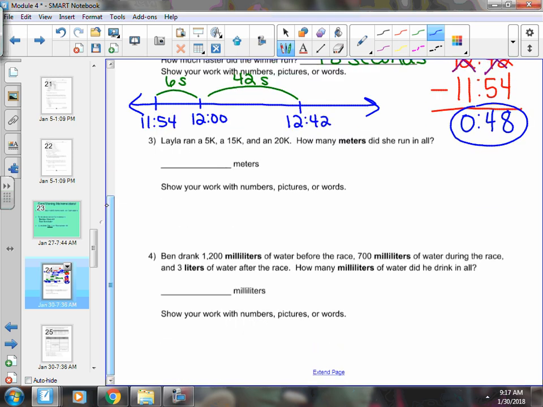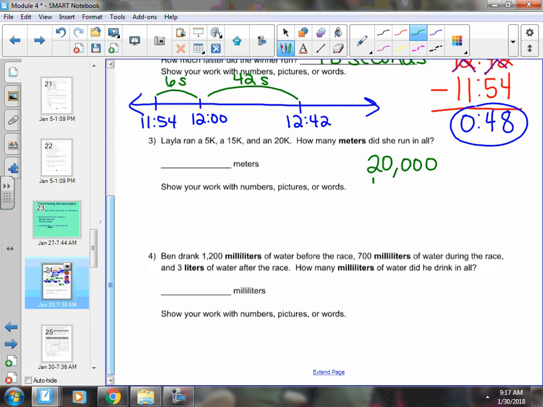All right, number 3. Layla ran a 5K, a 15K, and a 20K. How many meters did she run in all? I know that there are 1,000 meters in a kilometer. A kilometer is pretty close to a mile, so there are 1,000 meters in a kilometer. So a 20K would be 20,000.